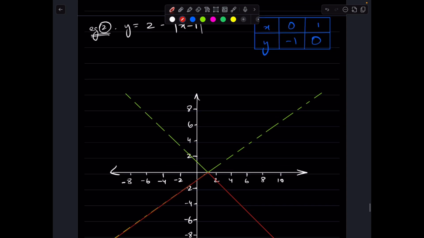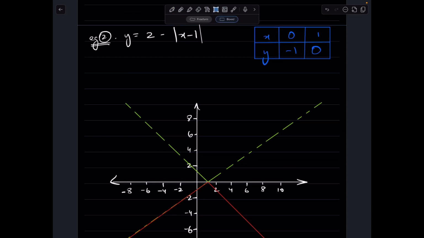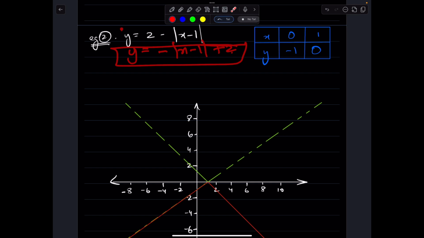So, is there something afterwards? Yes, there is. And appreciate the fact that it's the same as this. Both these functions are the same.